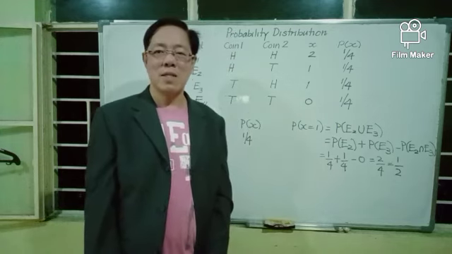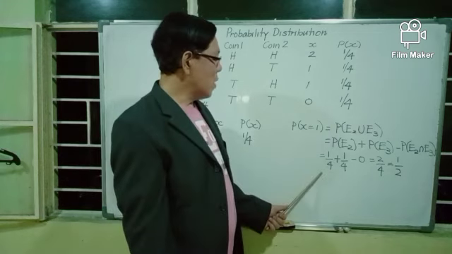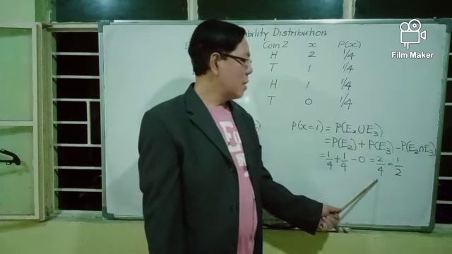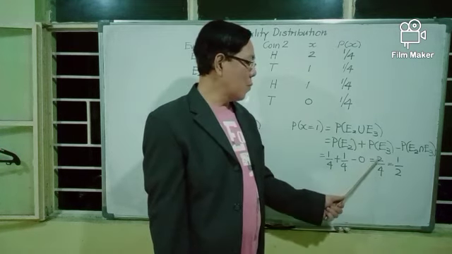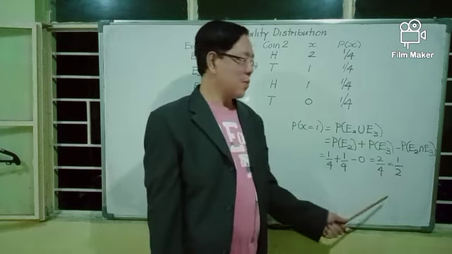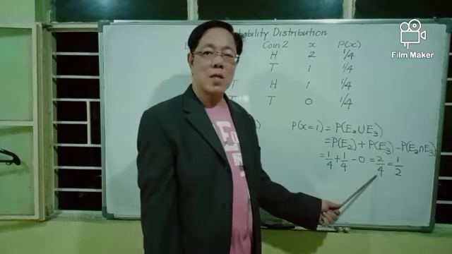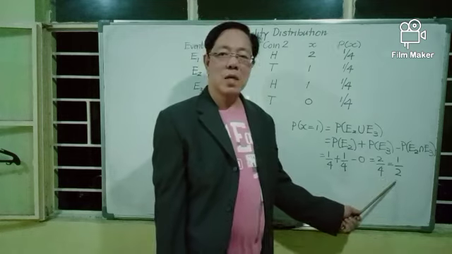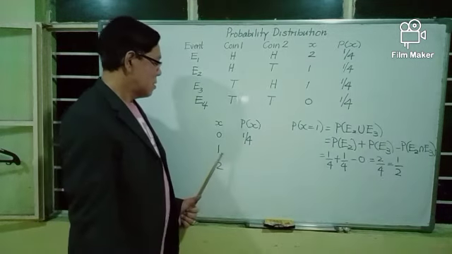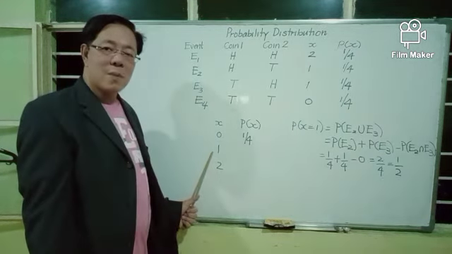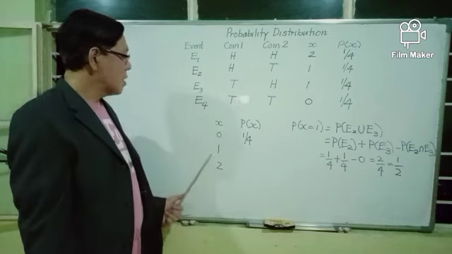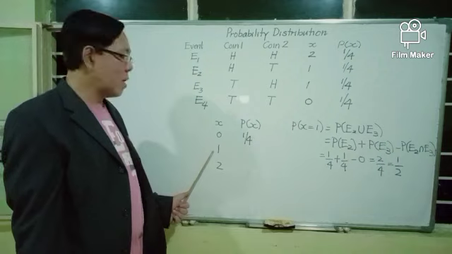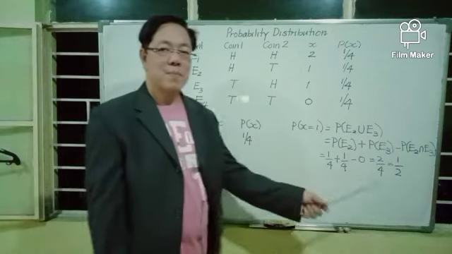And 1/4 plus 1/4 is 2 over 4. In lowest terms, 2 over 4 is 1 over 2. Divide 2 and 4 by 2. 2 divided by 2 is 1. 4 divided by 2 is 2. Hence, in our summarized table, the probability that x has a value 1 is 1/2.